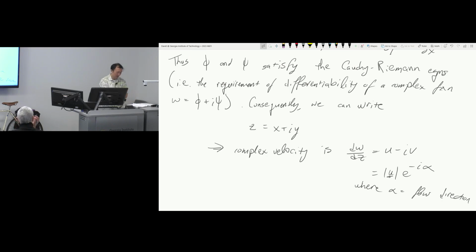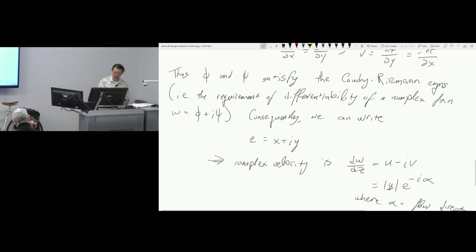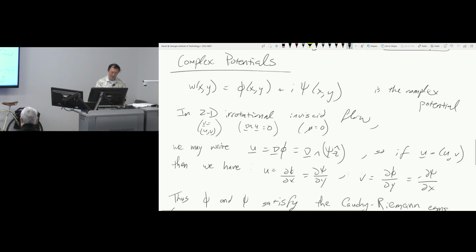Let's review what I just said before I give you some physical ideas about phi and psi. We have this information of the velocity field in both phi, the potential, and psi, the stream function, and we can put those two pieces of information in this new complex variable where the real part is phi and the imaginary part is psi.